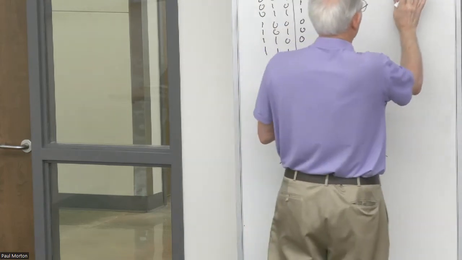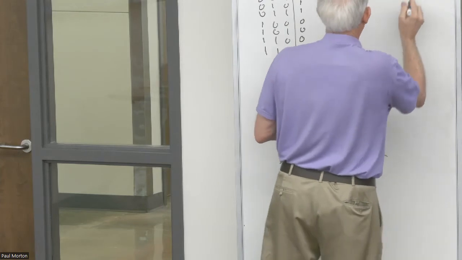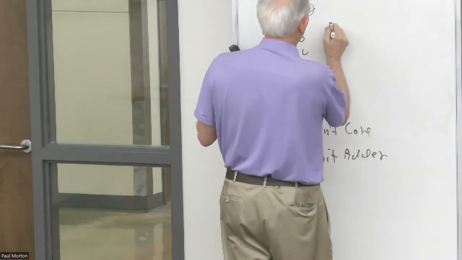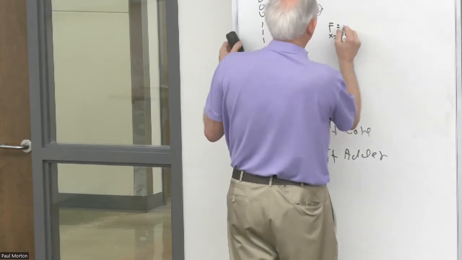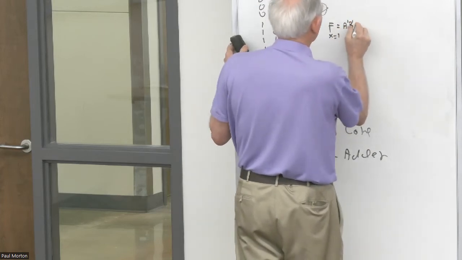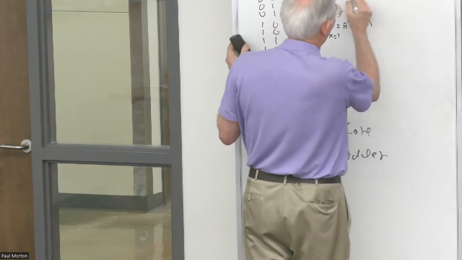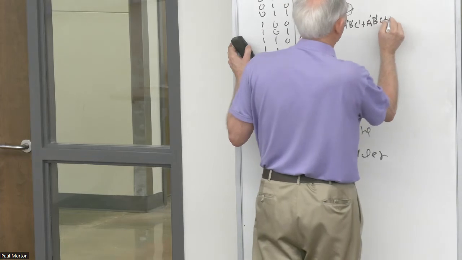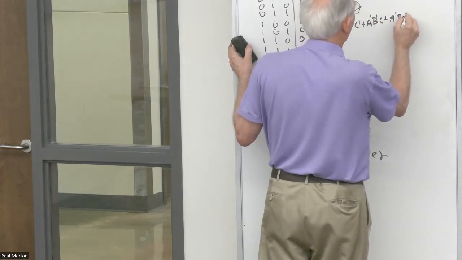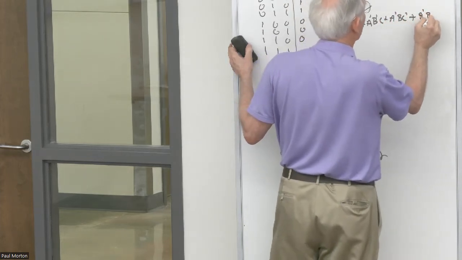All right. And then we write it again where the don't care is 1. So we're going to have the additional term of a prime b prime c prime plus all these again, a prime b prime c plus a prime b c prime plus a prime b c.